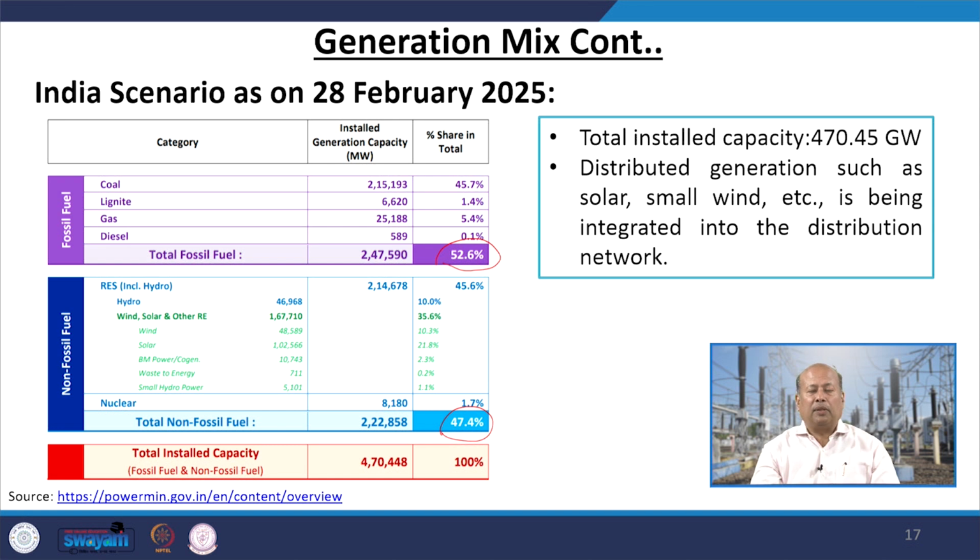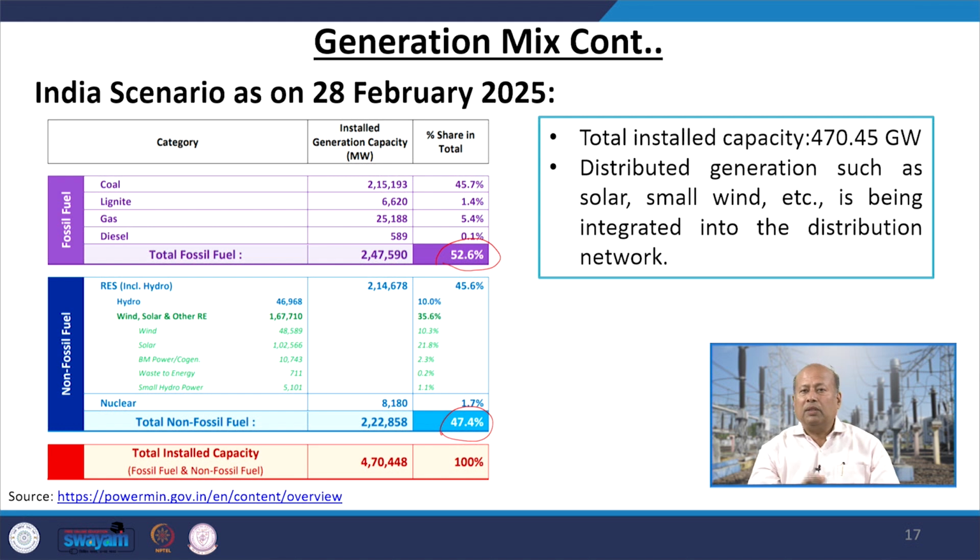I am very sure that very soon the contribution from renewable energy resources will be at least close to the thermal generation in the next 3-4 years, and probably in the next 5 to 10 years, renewable energy will certainly surpass the fossil fuel or thermal generation of this country.